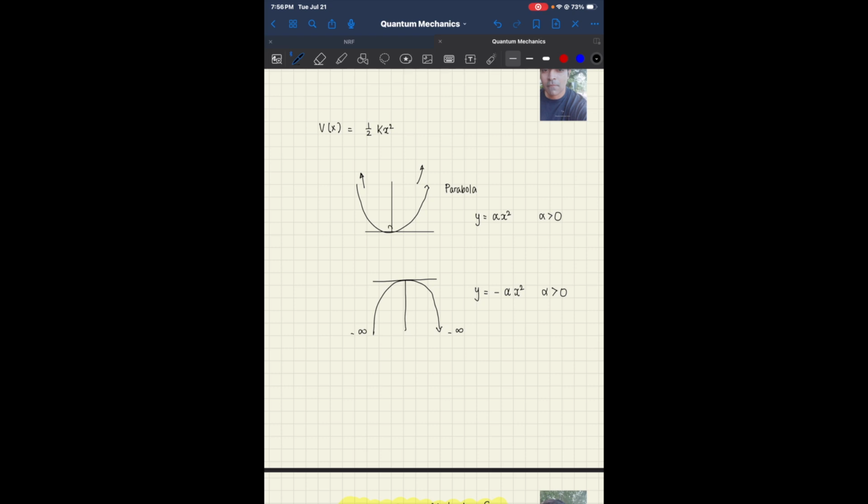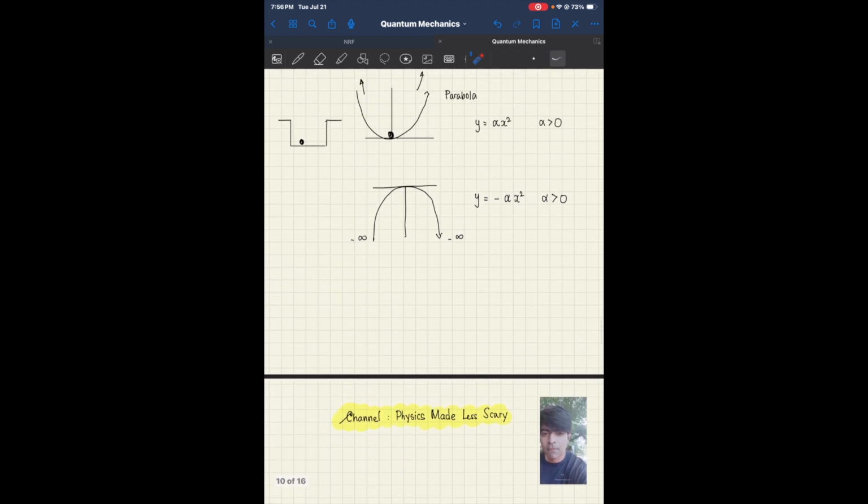So in our problem, the ball is sitting, or the particle is sitting somewhere here. In the problem we solved in the last couple of classes, the potential was of this kind, right? The ball was sitting somewhere here. Now the problem we are trying to solve is this problem. The potential looks like this instead of this. This was the last couple of classes.